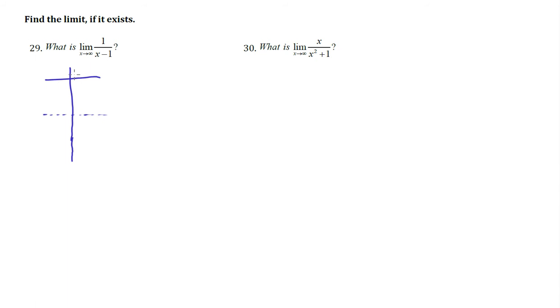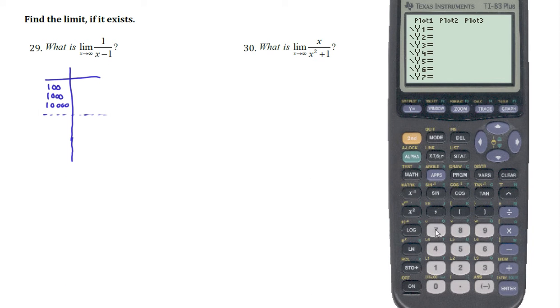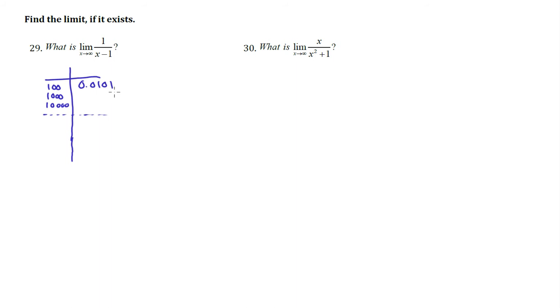As we're approaching infinity, let's just pick a big number, say 100, and then a bigger number, 1,000, and then a bigger number, 10,000, and let's see what happens. 1 over 100 minus 1. 1 divided by 100 minus 1 gives us 0.01, 0.0101.